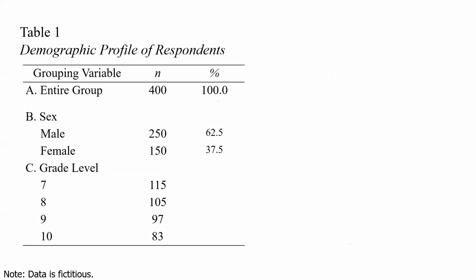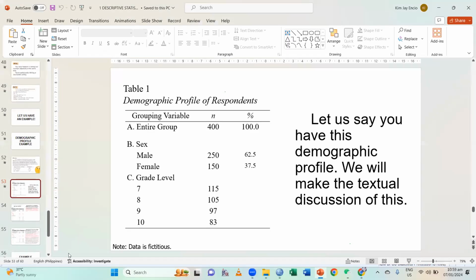So, for example, you found out this. Okay. Entire group, 400. Okay, you might be asking, sir, where did this come from? In terms of sex, 250 are males, 150 are females. You might be asking, where did the 62.5% come from? Isn't the total 400?